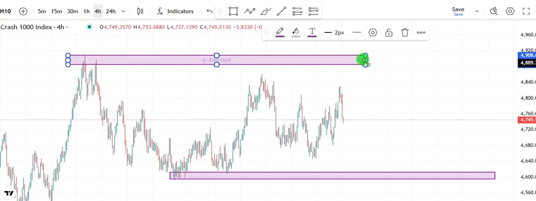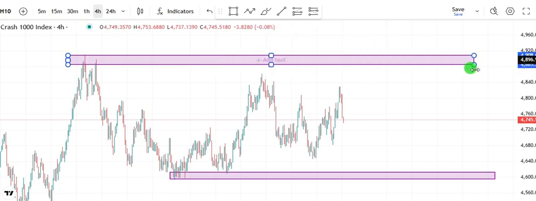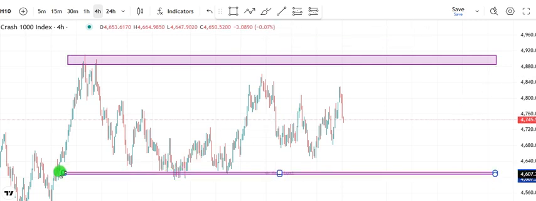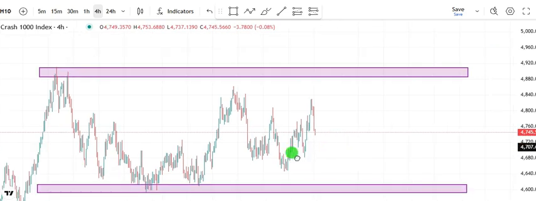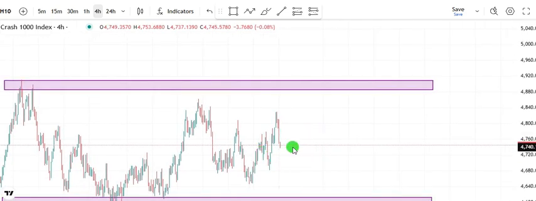Any break above this tells us that the market is ready to go on the full-term bearish. So now it's in this zone. It does it for a change of structure. Now remember this is H4.